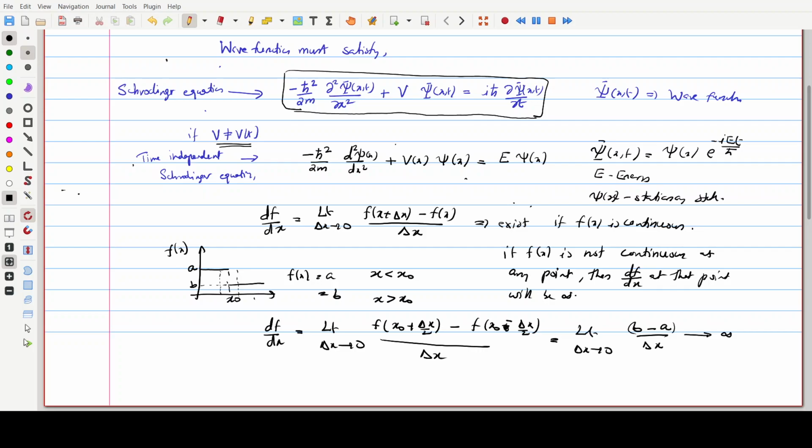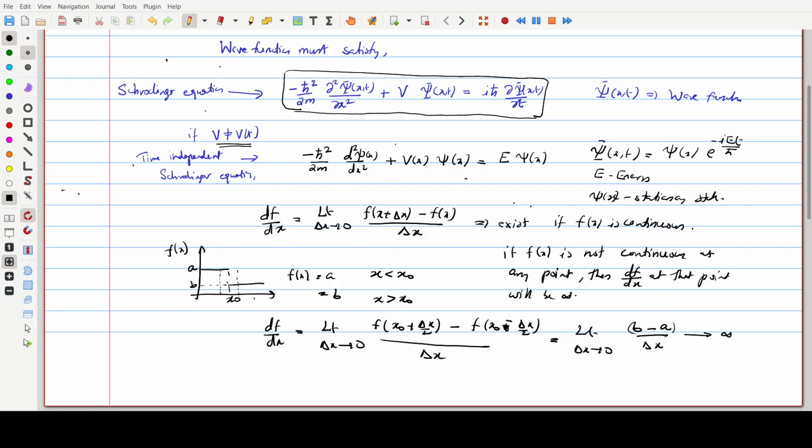We can write the total derivative itself. From this discussion, we can say that ψ must be continuous, and the first derivative of ψ should also be continuous. Then only can we define the second derivative, because this function must exist.